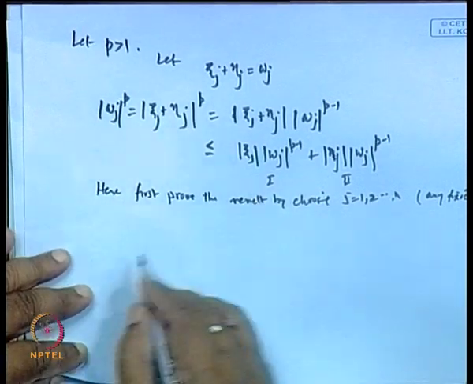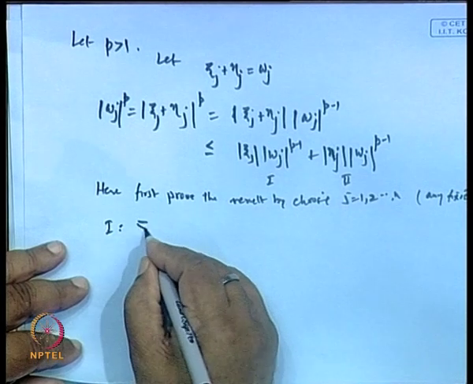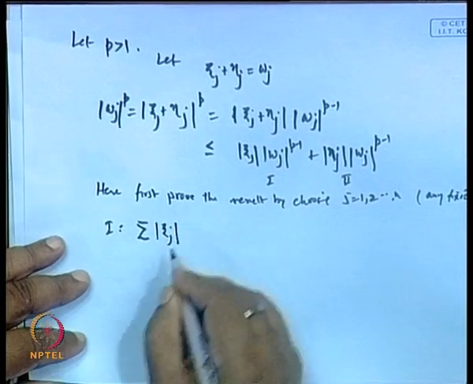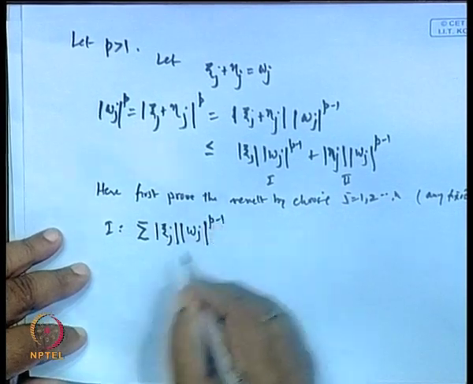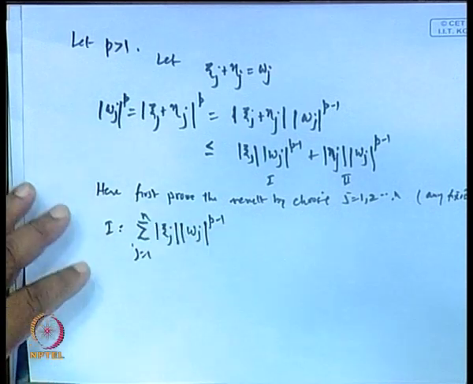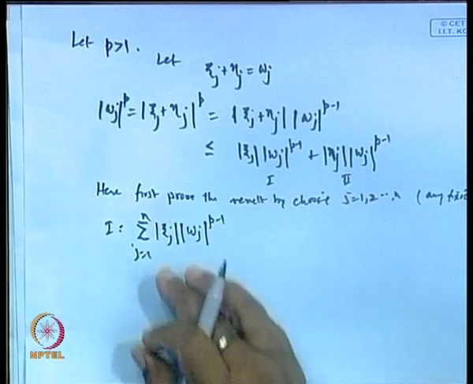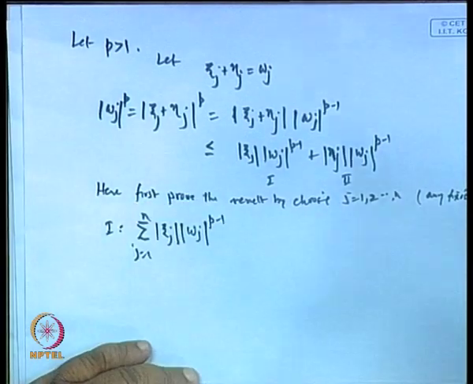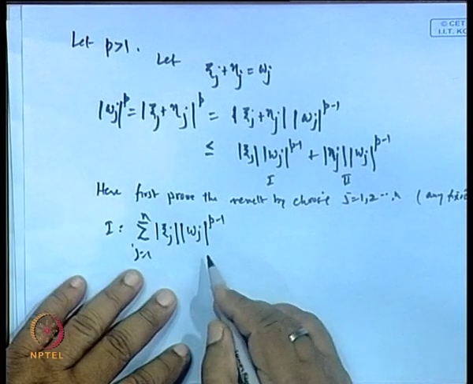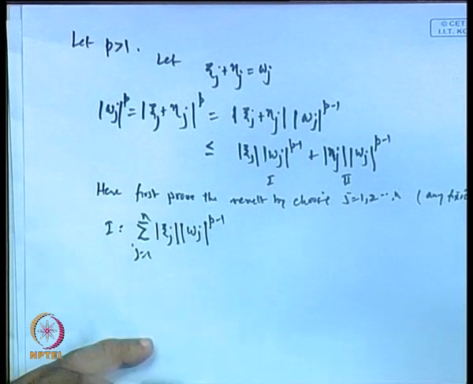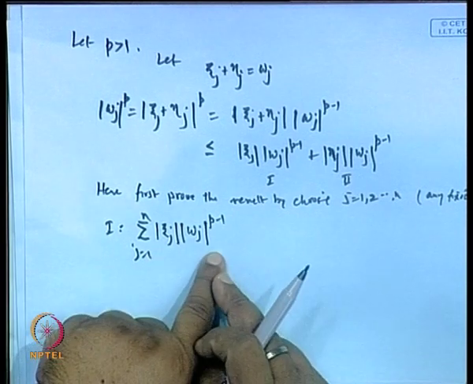So, let us take the first step. The first part is sigma |ξ_j| |ω_j|^(p-1), j is 1 to n. Okay. Now, apply Holder's inequality, j equal to 1 to n. So, in particular when j is 1 to n, the rest, after n, is 0. So, we can use Holder's inequality without any problem, but the only thing is Holder's inequality requires the product of two sequences, where one of the sequences is in l^p, the other sequence should be in l^q.